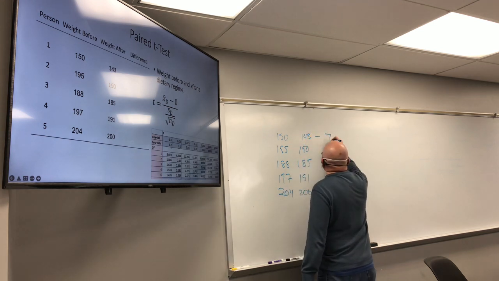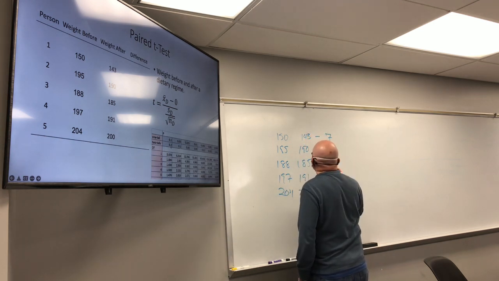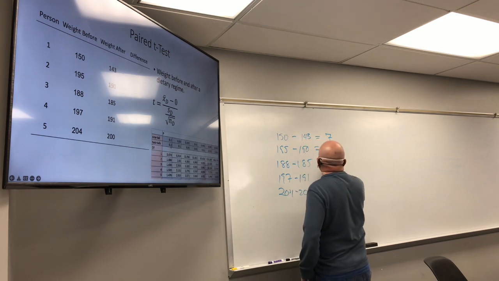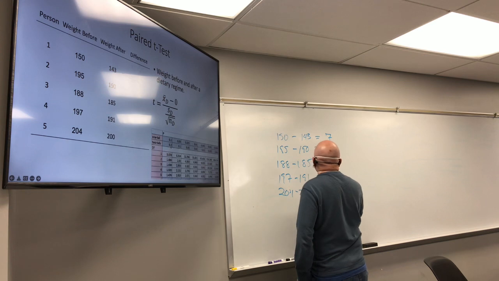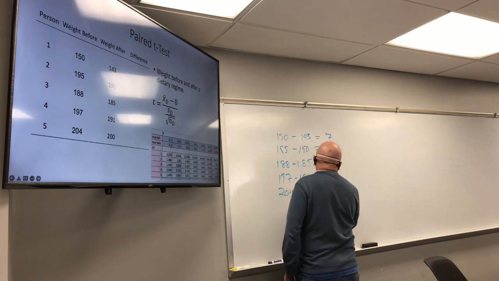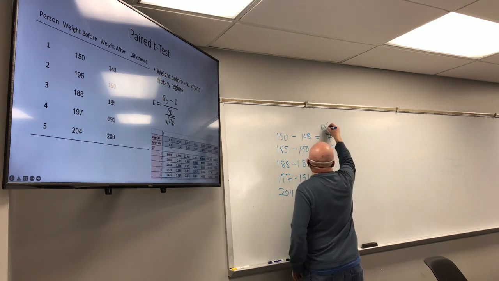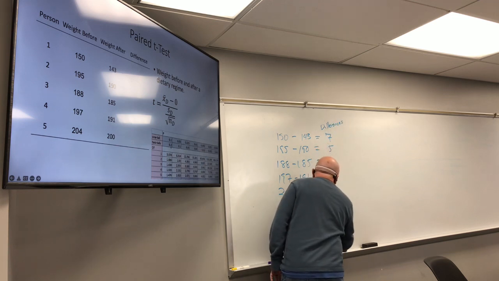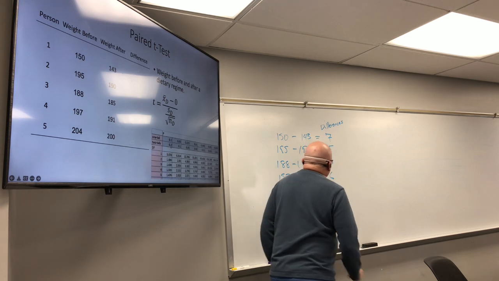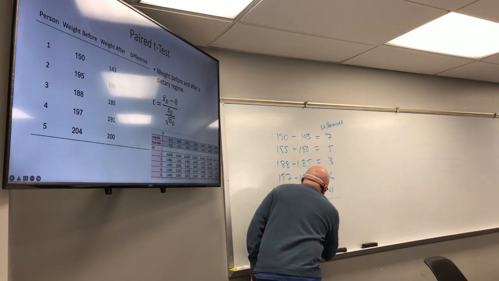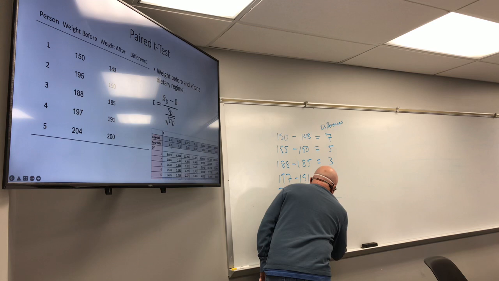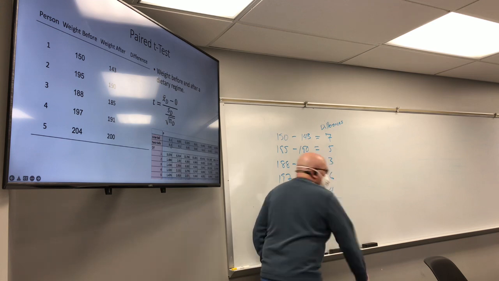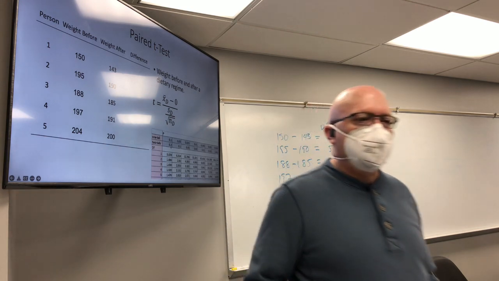So this would be 7 pounds lost there, 5 pounds lost there, 3 pounds lost here, 6 pounds lost there, and 4 pounds lost there. These are the differences. So now what we need is we need the average difference, and we need the standard error of the differences. So get calculating.